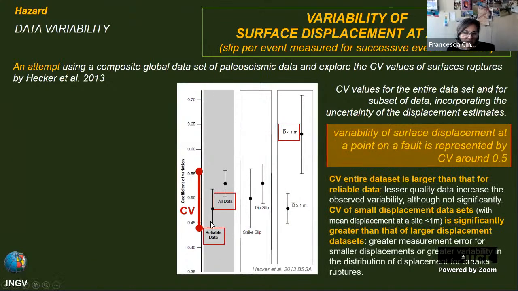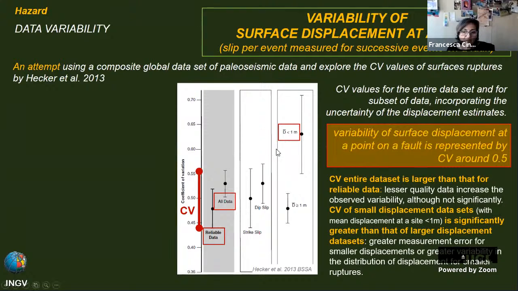But I found it interesting to notice that the coefficient of variation of the entire data set is larger than that for reliable data. This means that lesser quality data increase the observed variability, although not significantly.